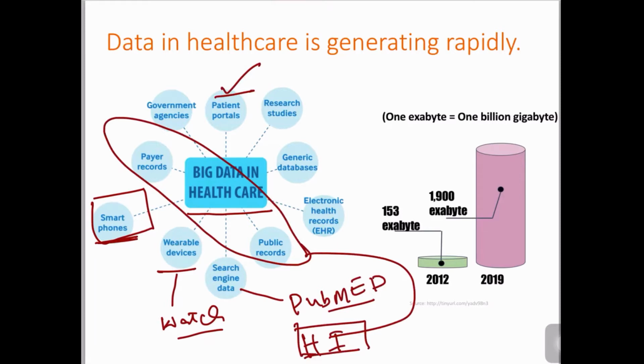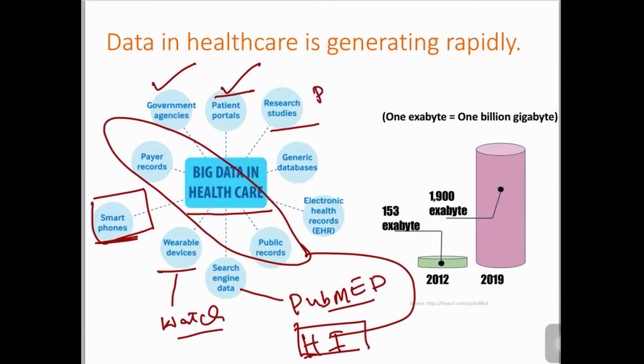Then some data is collected or generated by government agencies, like data about COVID-19 patients in a certain area, or about vaccine efficacy. Then we have the research studies. The internet is full of research studies.